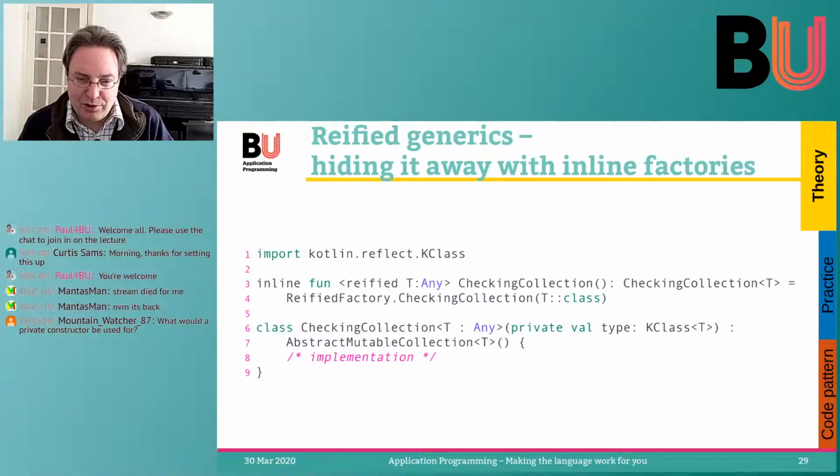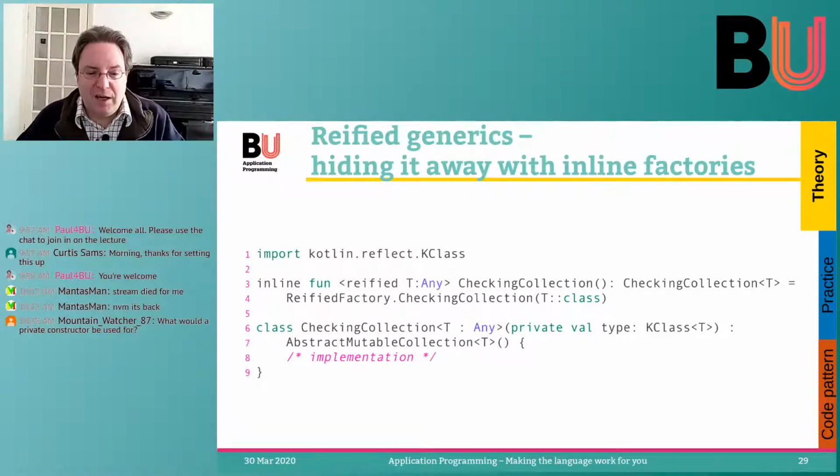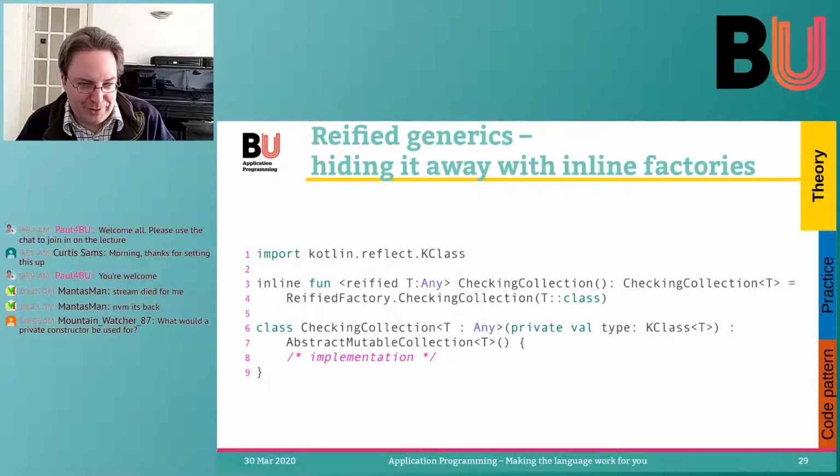It also does not allow you to have primitive types, so it has to be Any. That can be a little bit annoying sometimes, but that's the way it is. So we have a checking collection that checks those types. So here you see how that works.